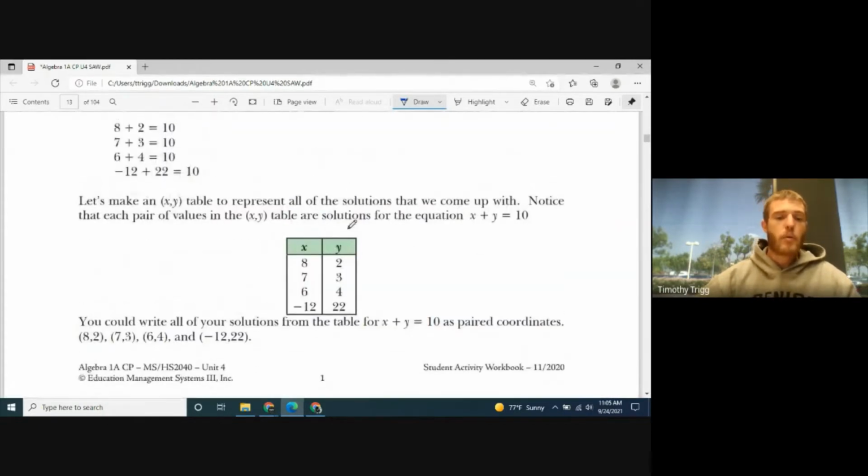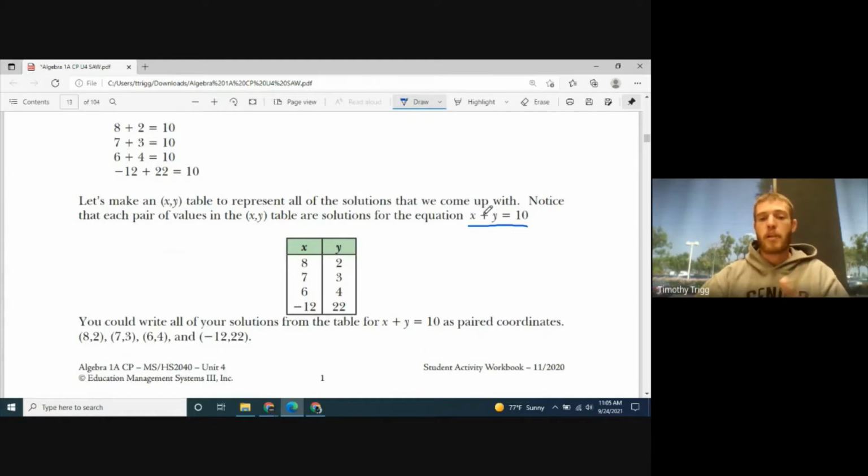Now, we're going to have equations coming up very soon that have 2 variables in them. Notice like this one, x plus y equals 10. Now, the thing about having equations with multiple variables is that this type of equation will have multiple solutions. Think about all the different things that x and y can be in order to equal 10, right?